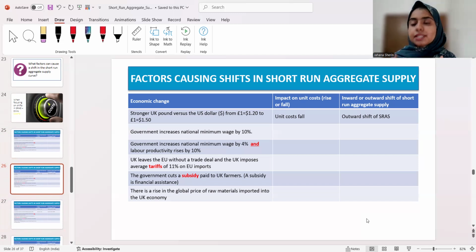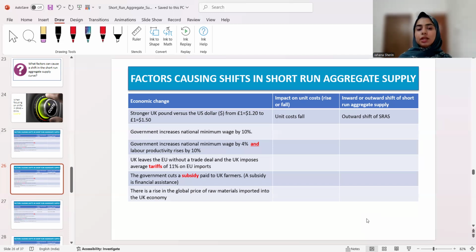They can easily purchase goods and services from outside. Their imports become cheaper. So in that sense, unit cost will fall. If unit cost falls, what happens to the short-run aggregate supply? Short-run aggregate supply shifts outward, more supply.